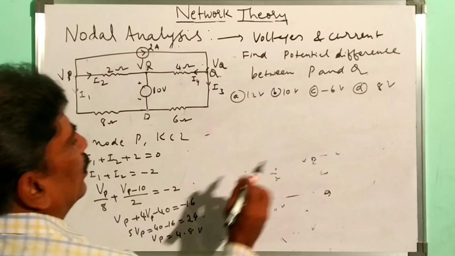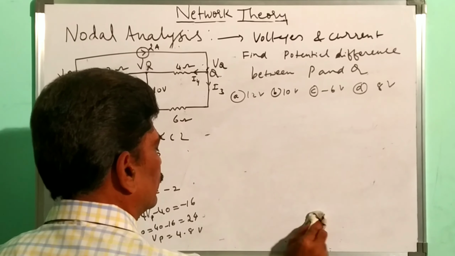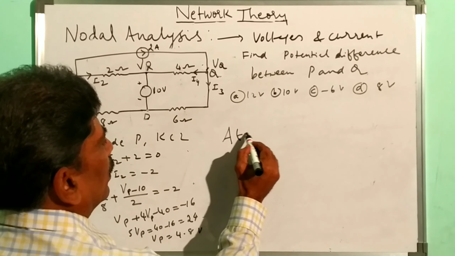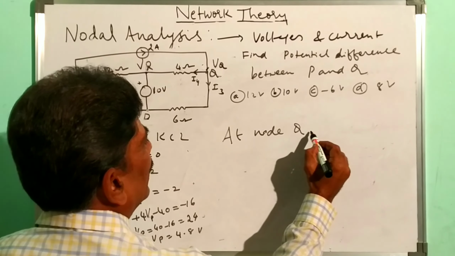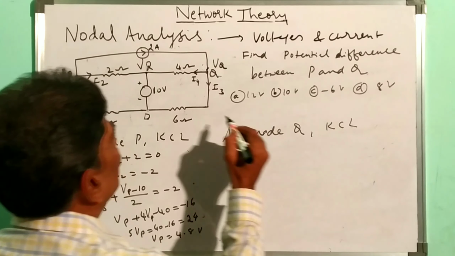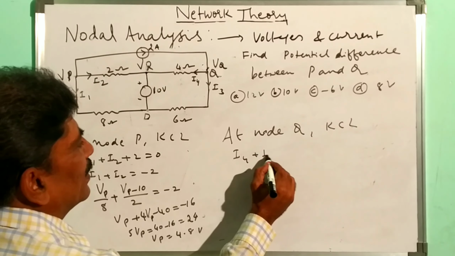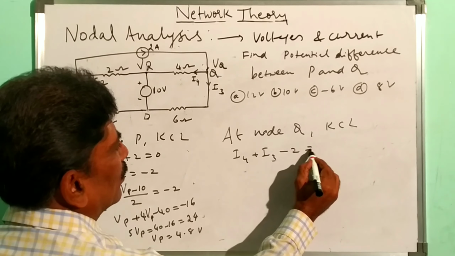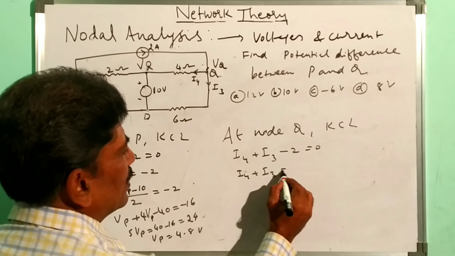Now at node Q, let us apply KCL. What are the currents leaving? I4 plus I3, and approaching is 2, minus 2 equal to 0. So I4 plus I3 is equal to 2.